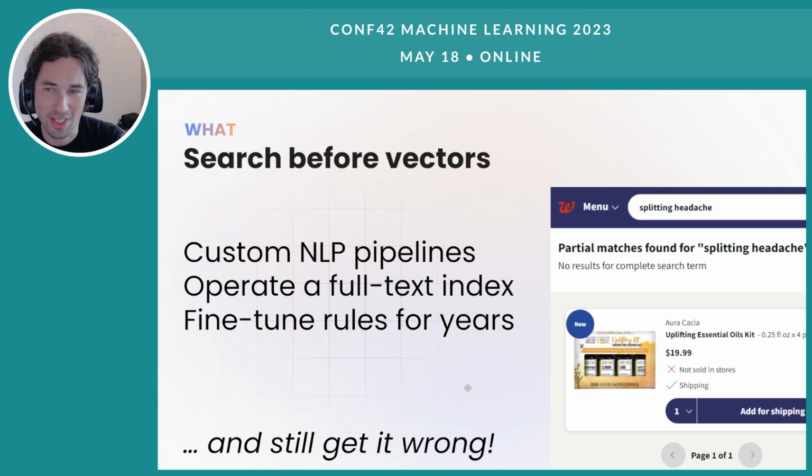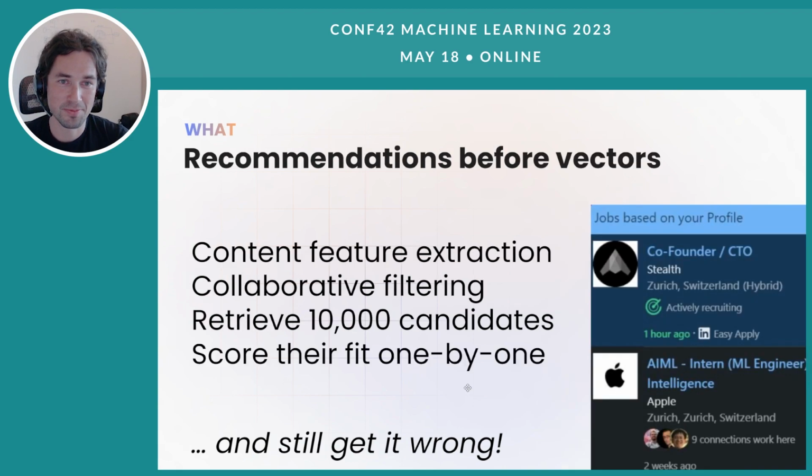And here I have a Walgreens, I could have used any example. This is an online pharmacy, and I type in splitting headache, and I'm getting one result, which is essential oil, and no pain medication, nothing for migraines, right? Because I used keywords that are not exactly matching the results, and so a keyword-based system gets it wrong, right?